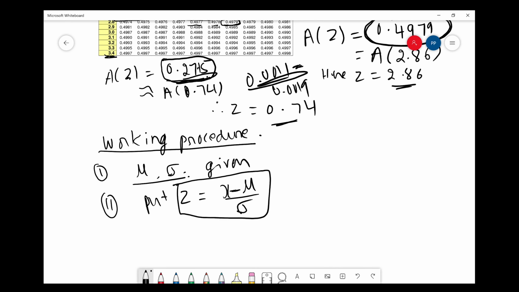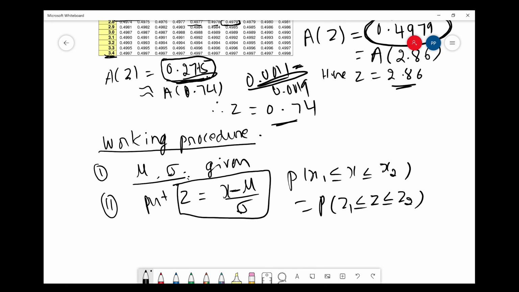For converting probability in the variable x over an interval x1 to x2 to probability in the interval z1 to z2, we use that substitution. The same substitution is used throughout this set of problems; there is no change. Then substitute for mu and sigma given in the problem.